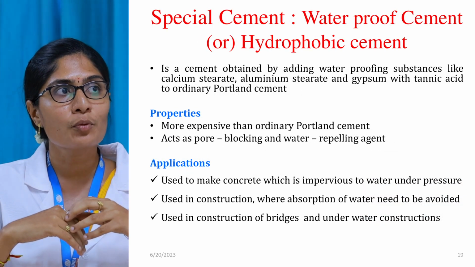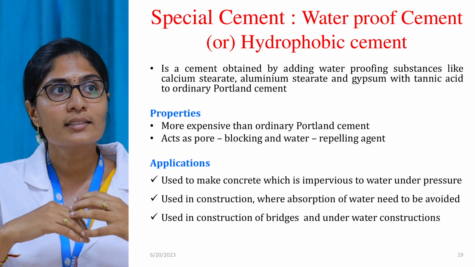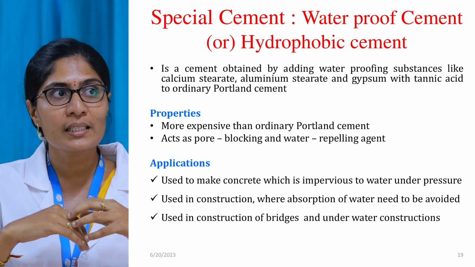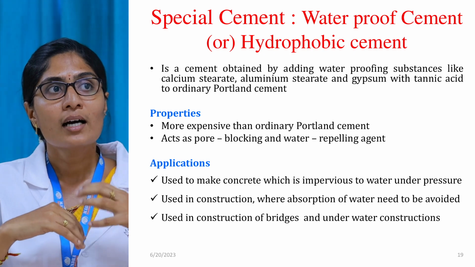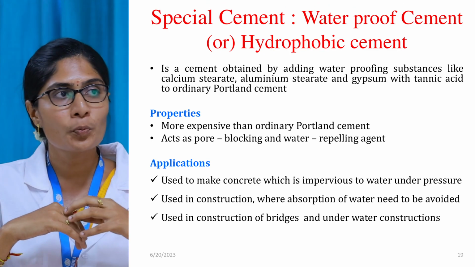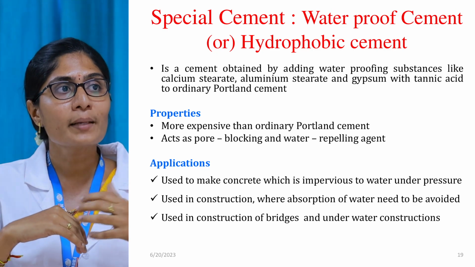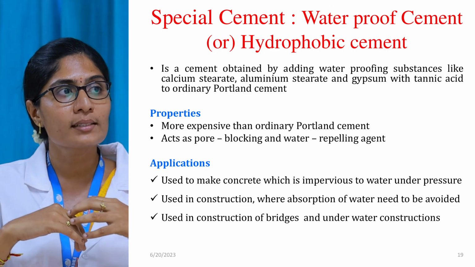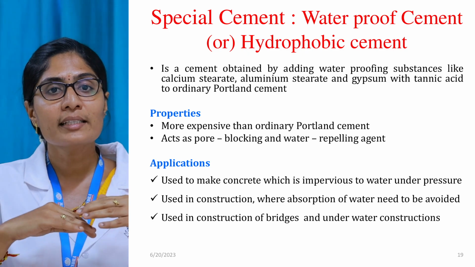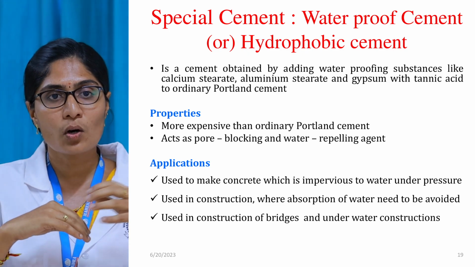Next is about the waterproof cement. It is also called hydrophobic cement. In this cement, chemical agents like calcium stearate, aluminum stearate, gypsum, along with tannic acid are added to Portland cement. It is more expensive when compared with ordinary Portland cement and even white cement. This completely eliminates the water entry to the concrete element.